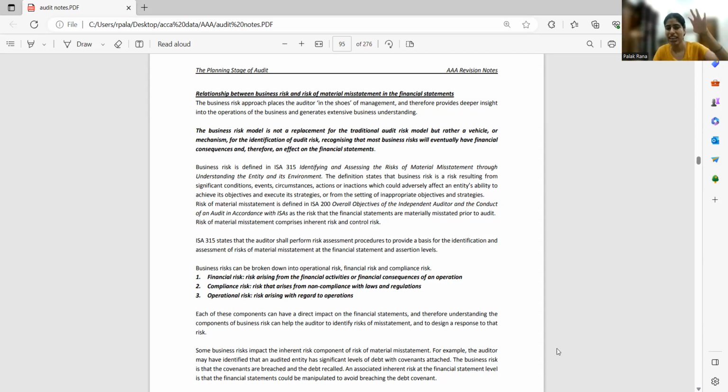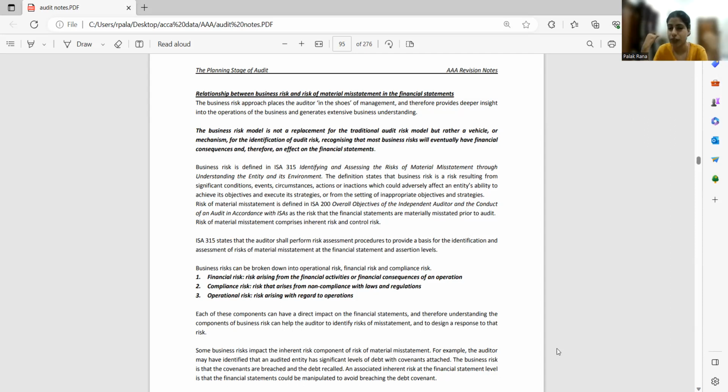So if there is a business risk and I have not done the treatment of these things, they can also impact my financial statement, and my financial statement will be materially misstated. And whenever my financial statement is materially misstated, that means there is a ROMM. So it is one situation, but they are interrelated. So guys, business risk and ROMM are interrelated.